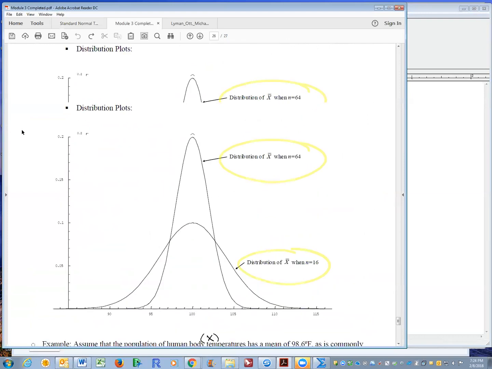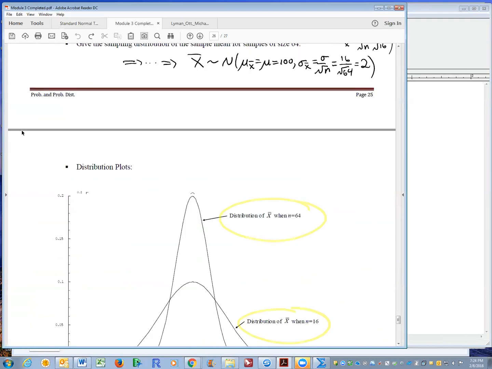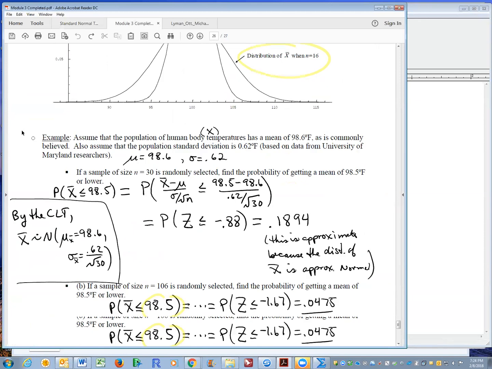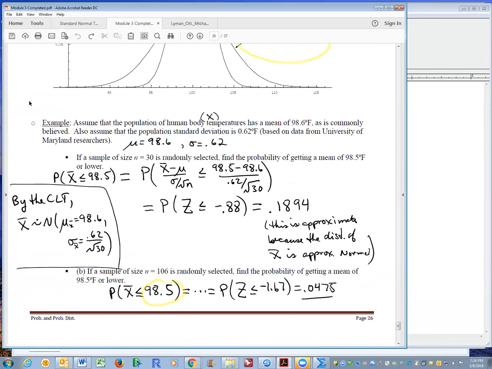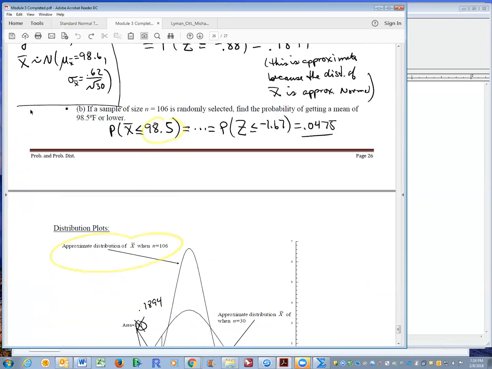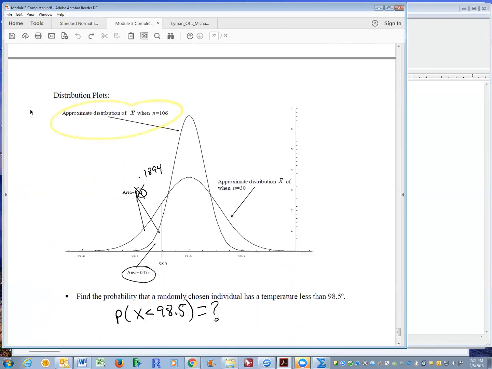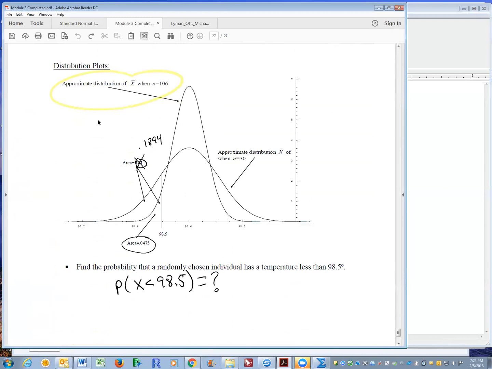Okay, so I had an example there. I think I had a couple of examples in this section, and then also another example on page 26. Are there any questions here on page 26? One thing I want y'all to be aware of is that as the sample size gets large, the distribution starts to become more peaked and the variability tightens up around the mean.